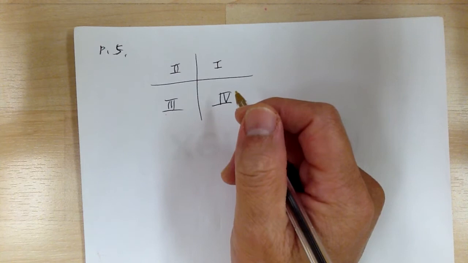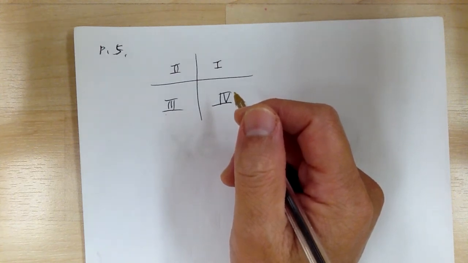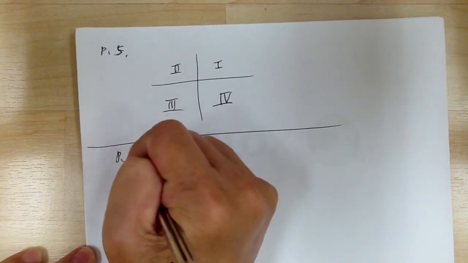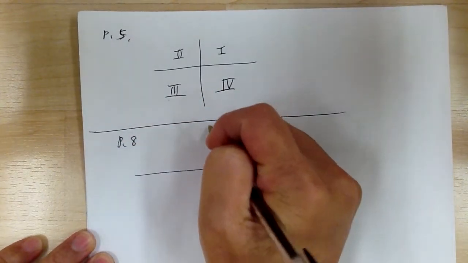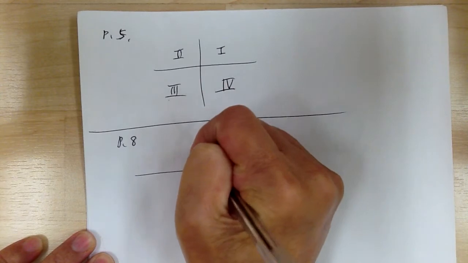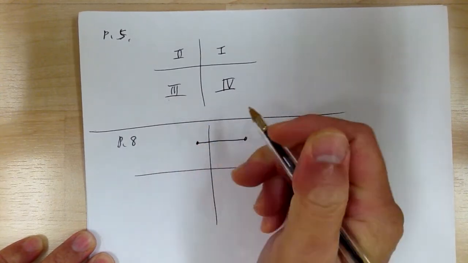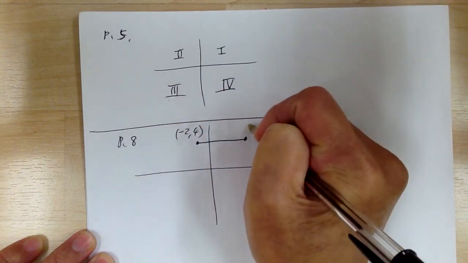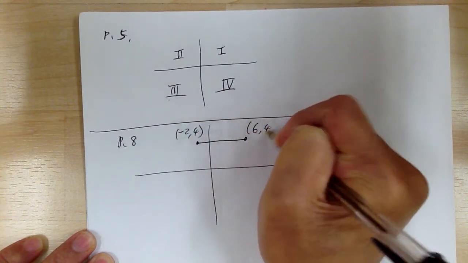Next, let's go and cover how to find the distance between the 2 points. So if you go to page 8, if you have a horizontal distance, so this one is like -2, 4, and this one is 6, 4.